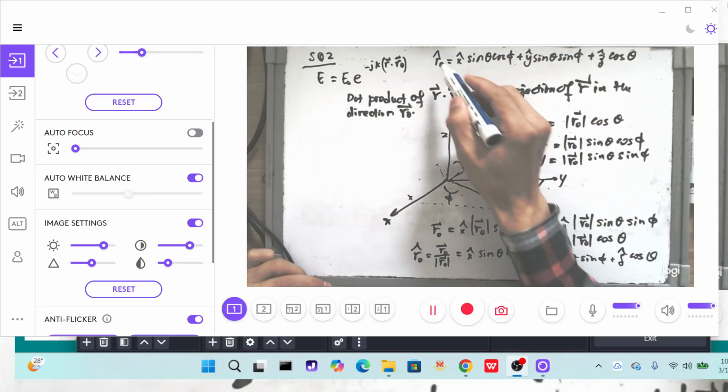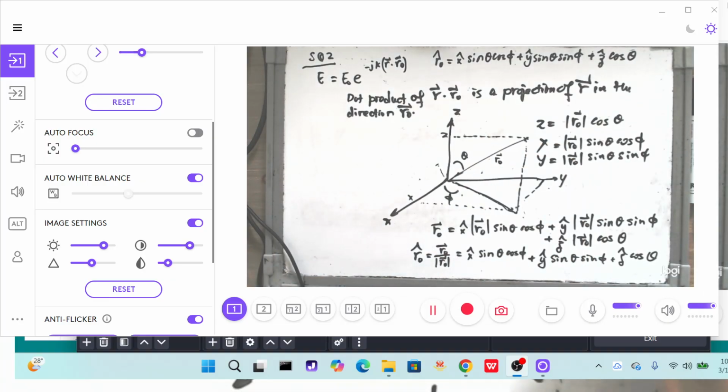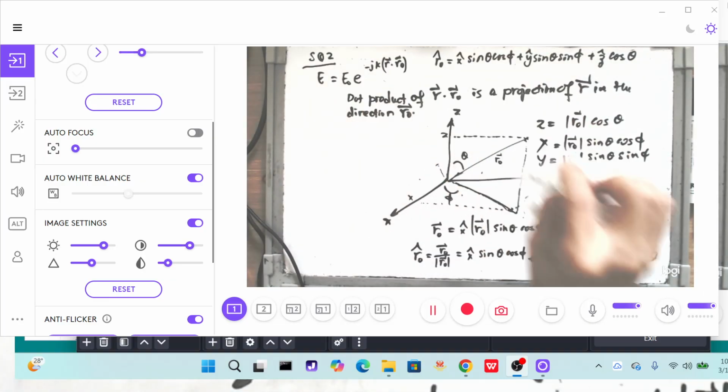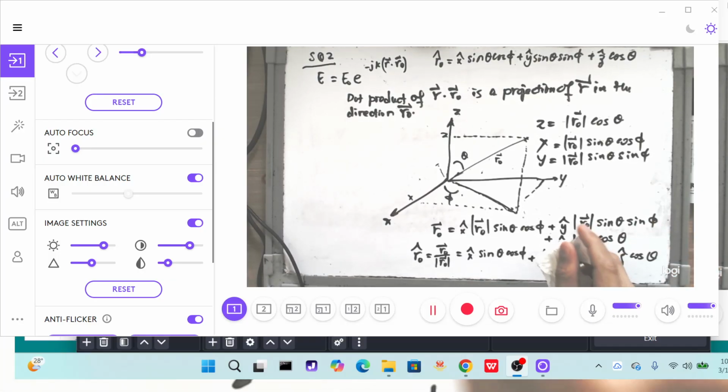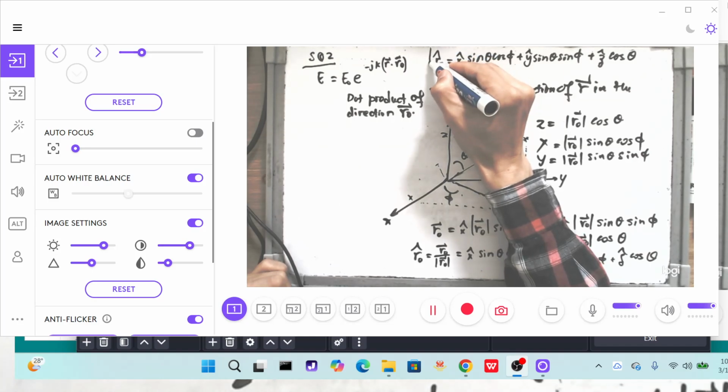So this is the vector that we need. I'm going to clean up the whiteboard. Okay, so this is very important stuff, so I'm going to highlight it.